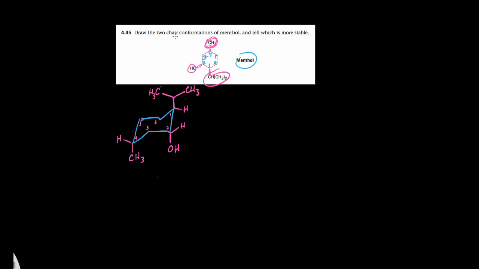Okay, so draw the 2 chair conformations. Well, now we have to flip the chair. So we'll drag the first carbon down and the 4th carbon up, and that will give us this chair here.